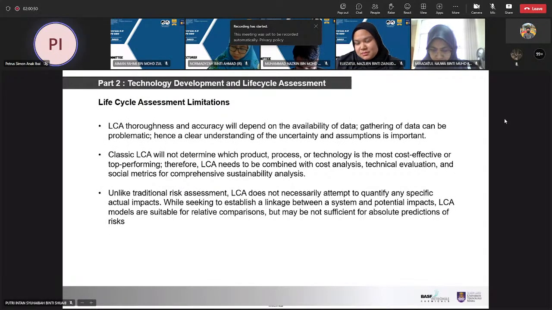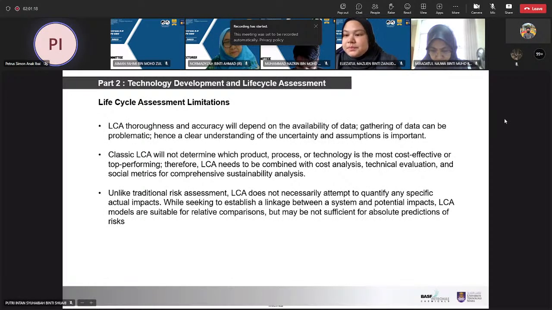And what are the limitations here? Of course, the LCA thoroughness and accuracy will depend on the available data. And this data is rather scarce at this time because this is relatively new. So in this case, gathering the data can be very problematic. That's why a clear understanding of the uncertainty and the assumptions is very important.